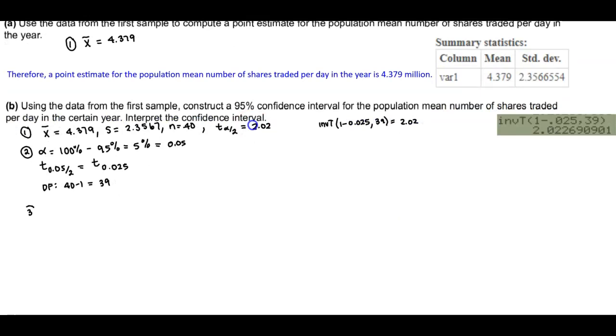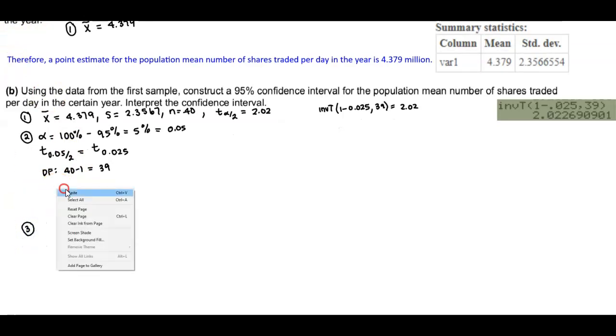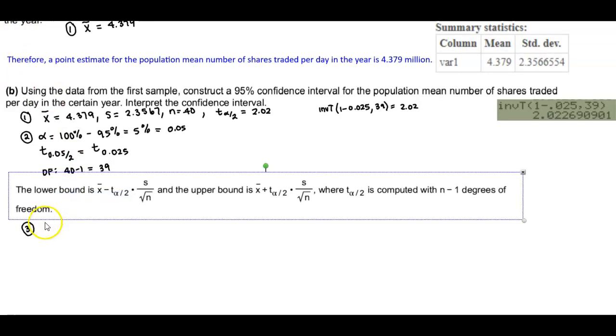So now we're going to use the formula to find the confidence interval. So here's our formula.